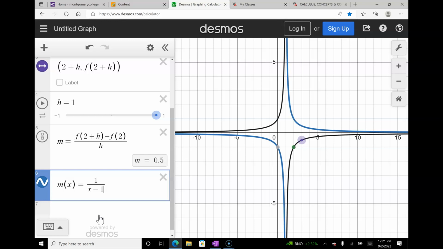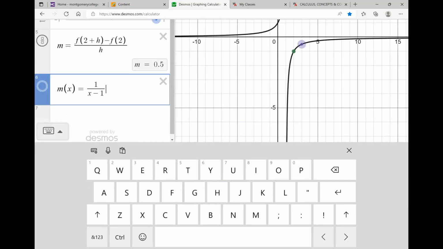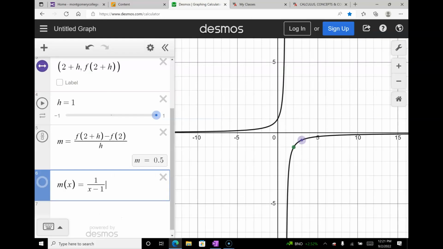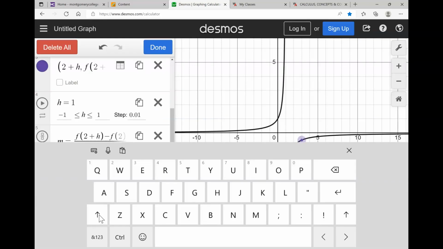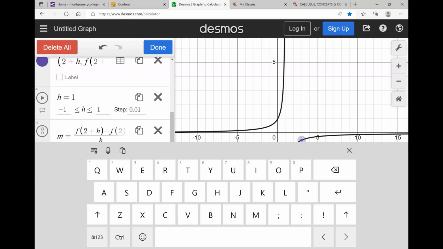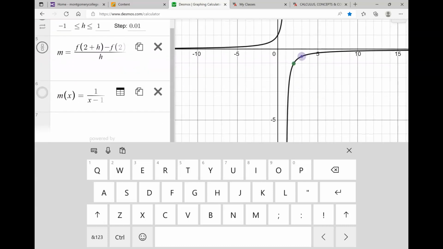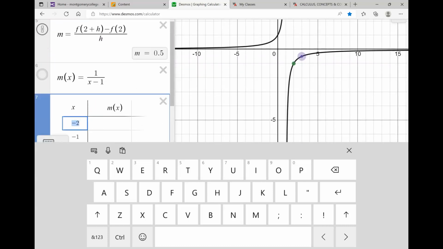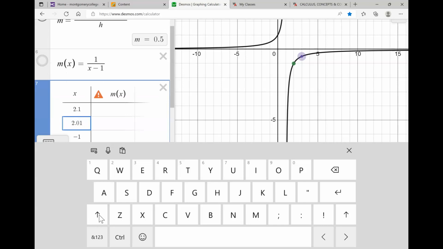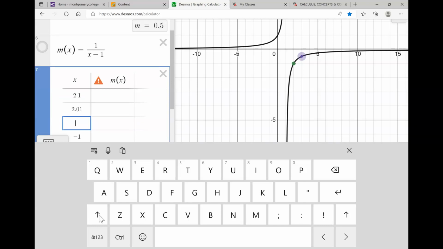I don't need to look at the graph, really, but I do want the values, and I can do this right on the calculator. You can do it by hand, but I wouldn't. I want to do a table for the x values that they're prompting me for. And they prompted me for 2.1, 2.01. Oh, sorry. I'll use g of x here.